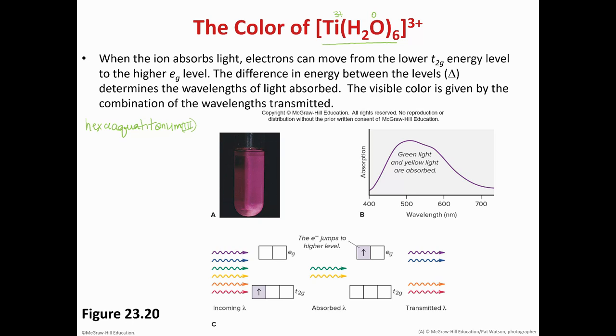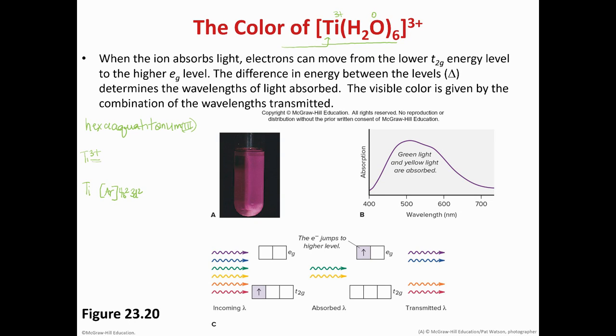Take a minute and pause me and figure out what electron configuration titanium 3+ has. So you grab your periodic table and take a look. Regular titanium is argon 4s2 3d2.